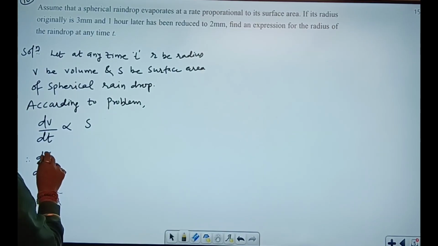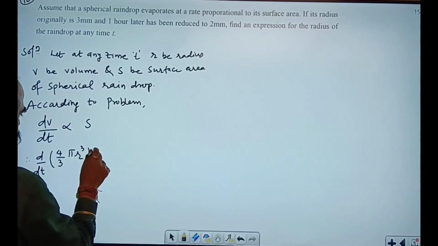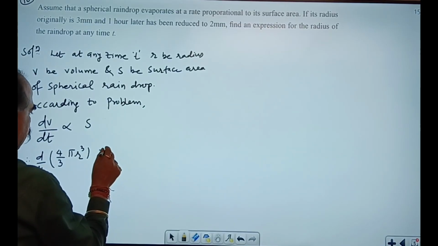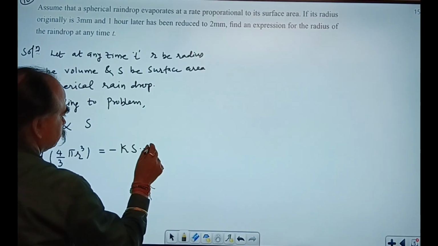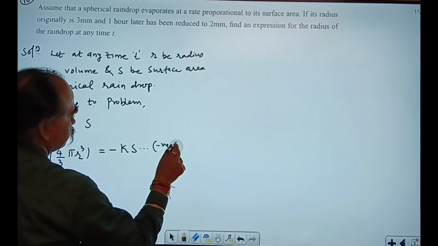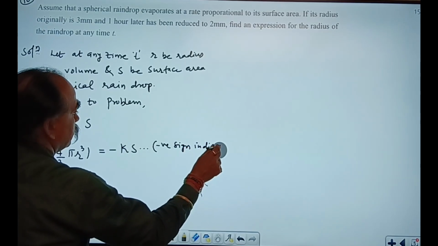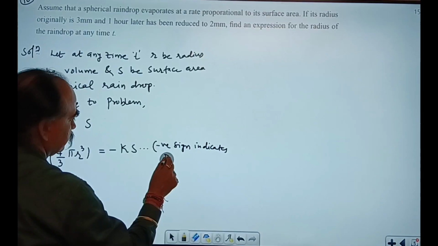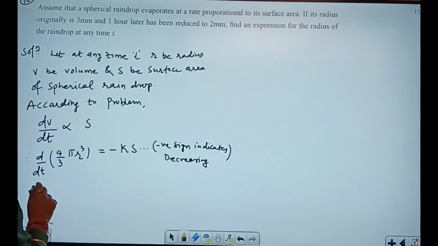d by dt of v, which is 4 upon 3 pi r cube, is equal to minus k times s. Negative sign indicates decreasing. Four upon three pi constant will come outside.